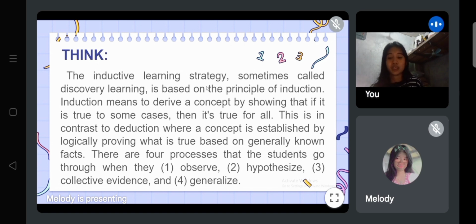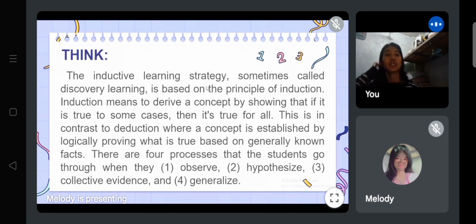Like in mathematics classes, the learner will engage in inductive learning when they observe examples, look for patterns, and compare how the answer was obtained. There are four processes that students go through when they do an inductive learning activity. First is to observe, second is to hypothesize, third is to collect evidence, and lastly is to generalize.